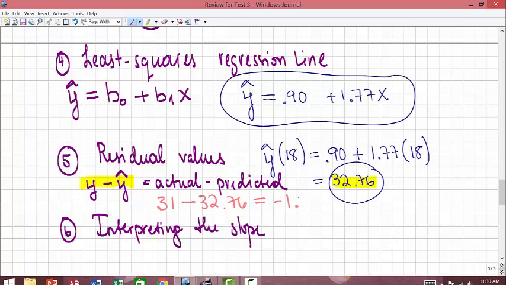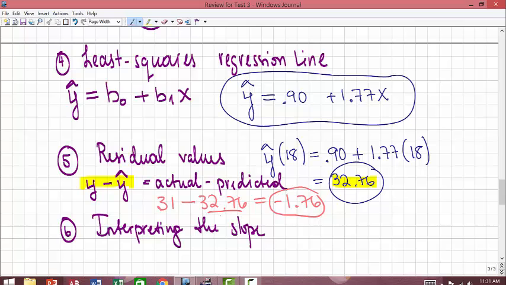Negative 1.76. What does it tell us? It tells us that the model overestimated the value of y when x is equal to 18 by 1.76. Is it a lot? Well, I think it's pretty good. Okay, this is your error and it's not that large.